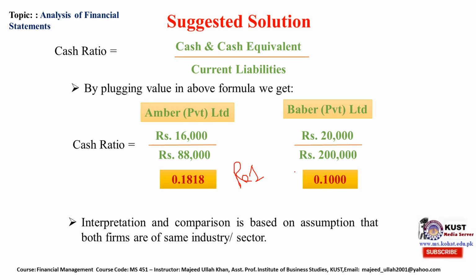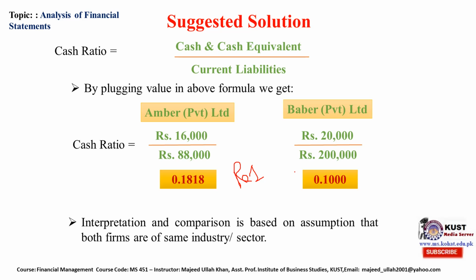But keep in mind, these interpretations and comparisons are based on the assumption that both firms are from the same industry and operating in the same geographical location. We cannot compare companies operating in different sectors or different geographical locations.